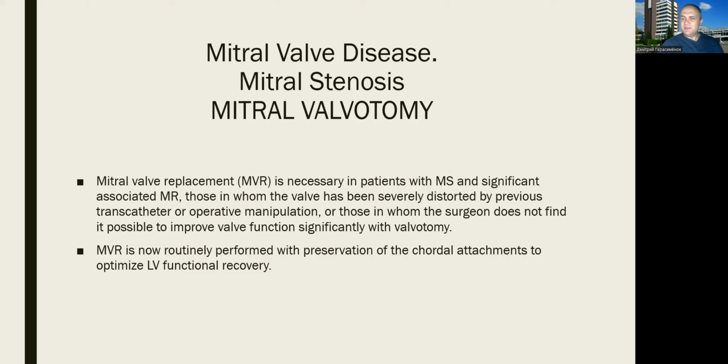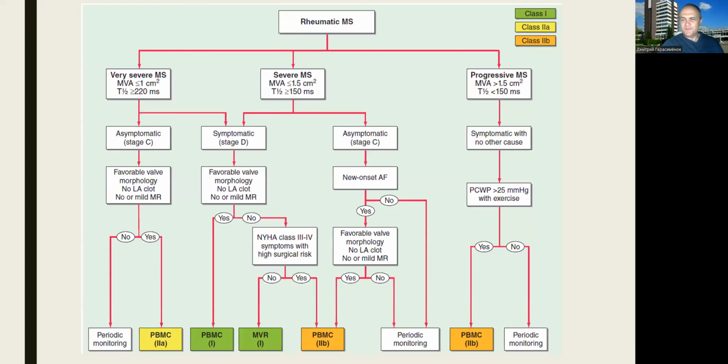Replacement is now routinely performed with preservation of chordal attachments to optimize left ventricle functional recovery. This is the approach to rheumatic mitral stenosis treatment, when we choose mitral valve surgical treatment or periodic monitoring and conservative treatment.